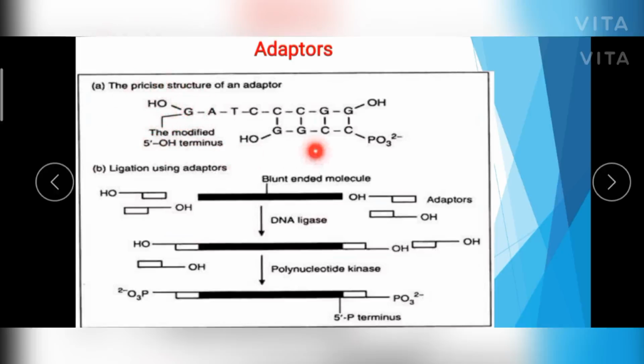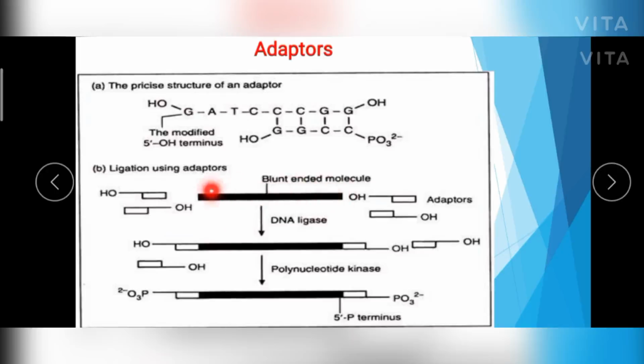In order to prevent self ligation of the adapters. Whenever the phosphate group is present, there is a chance that the adapters ligate themselves, and in order to prevent dimer formation, you modify the 5' end with this hydroxyl group. So that is also something to be noted.